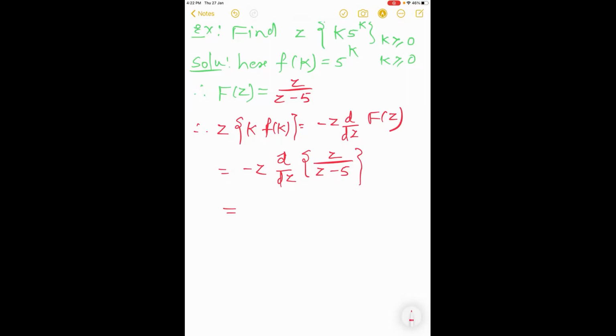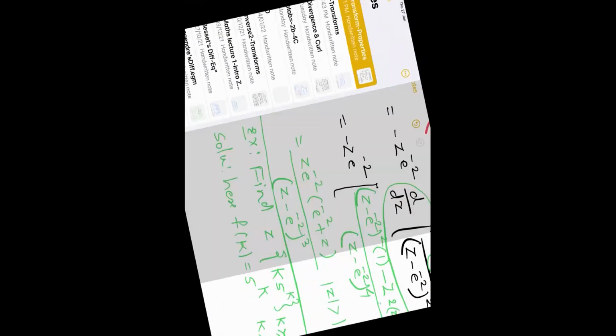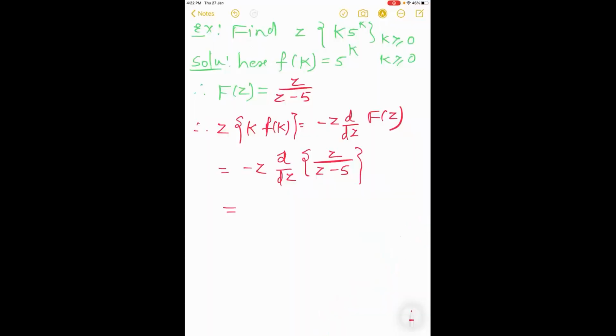Madam, 5z upon (z minus 5) squared. Yes, that is coming out as 5z upon (z minus 5) the whole square.